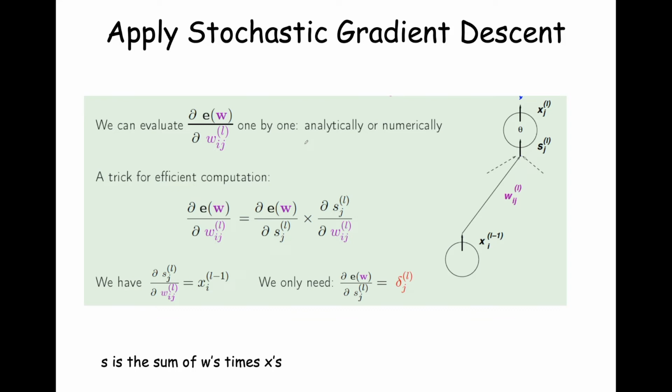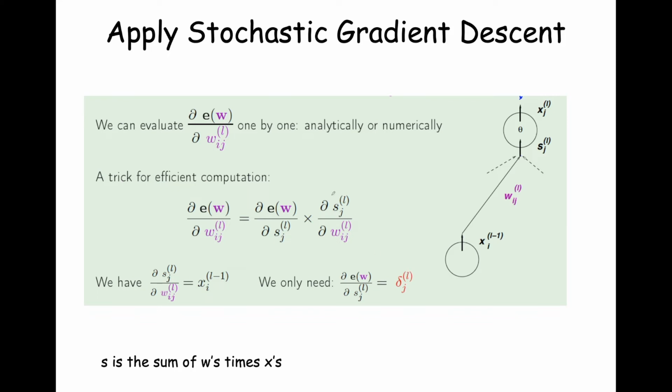So let's take a look at these terms that we use to construct this partial of the output error with respect to the weight vector. This first term, the partial of the error with respect to the score, is just having to do with our nonlinearity. And we're going to give that term a name. We're going to call that delta j, the delta of that particular jth node in layer L.